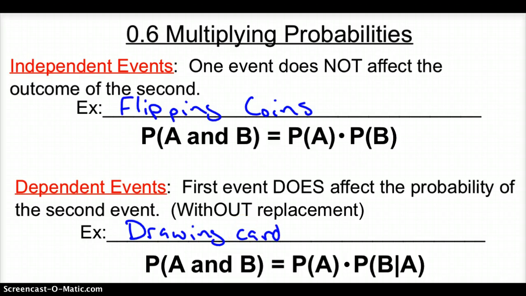But I'm going to just say drawing cards, and that is without replacement. How you do that is the probability of A, times the probability of B given A. That's how we read that. The slash means given A.